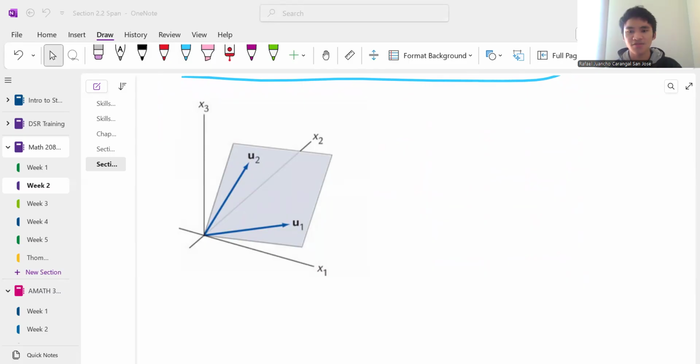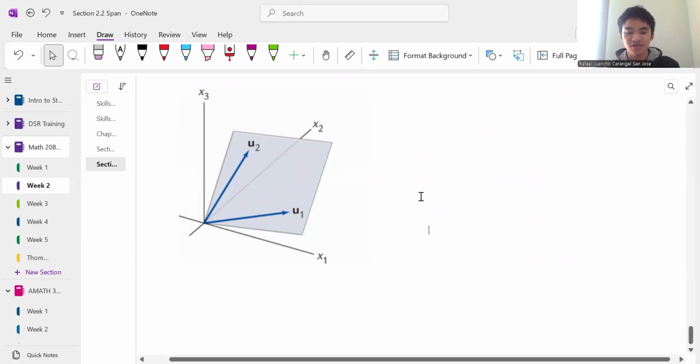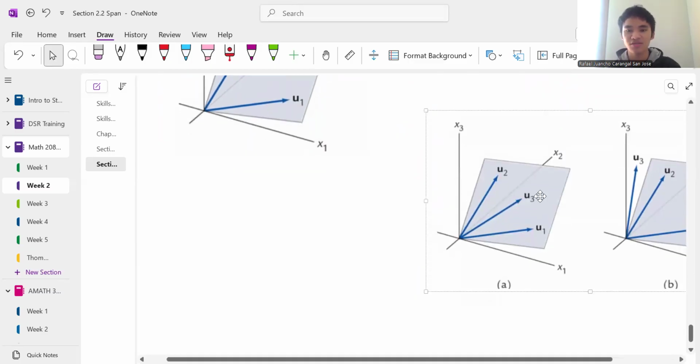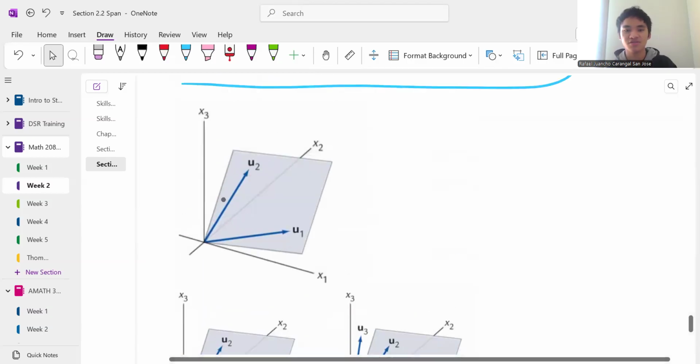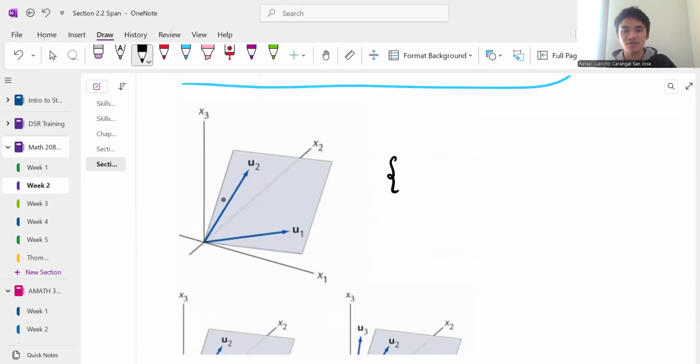So let me show you another one. So here's another example of how this looks geometrically. Here we have three things. Here we say this is the span of u sub 1 and u sub 2.